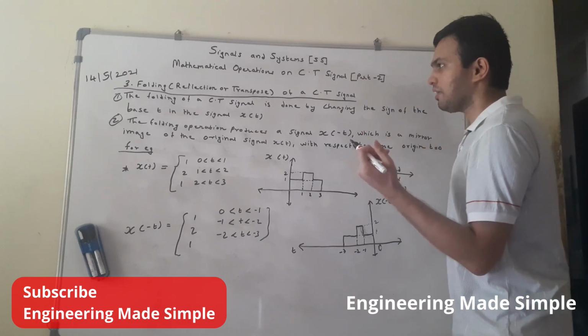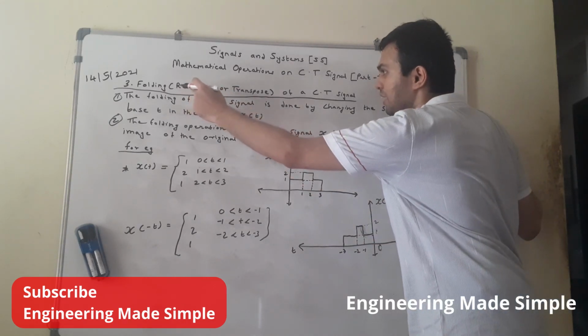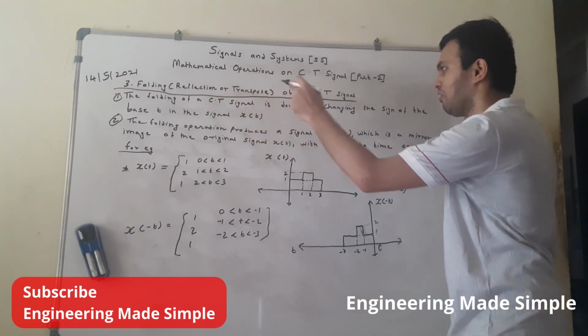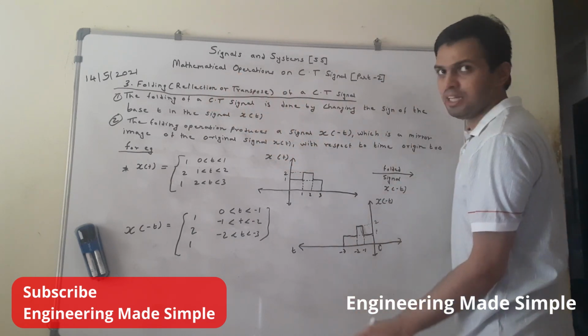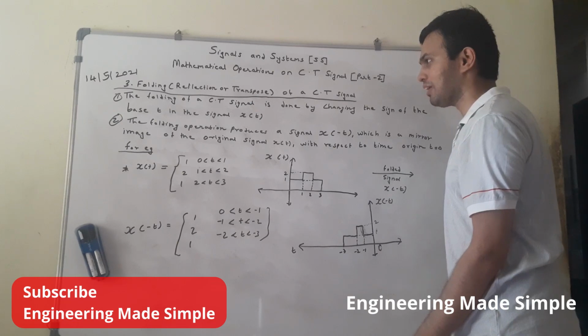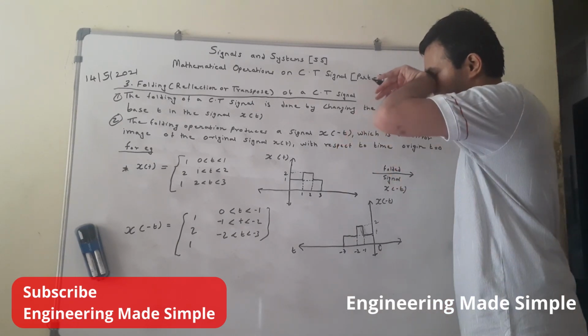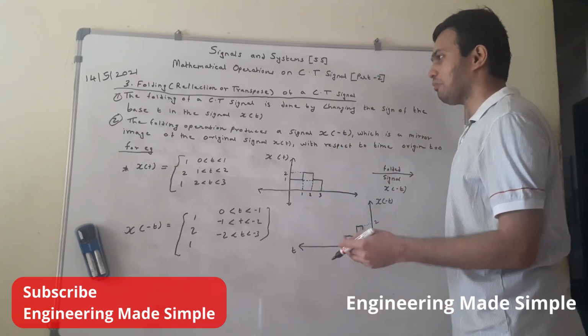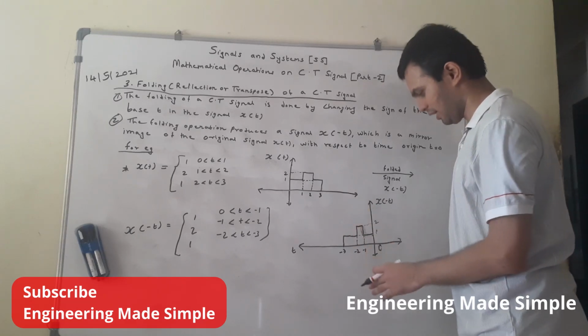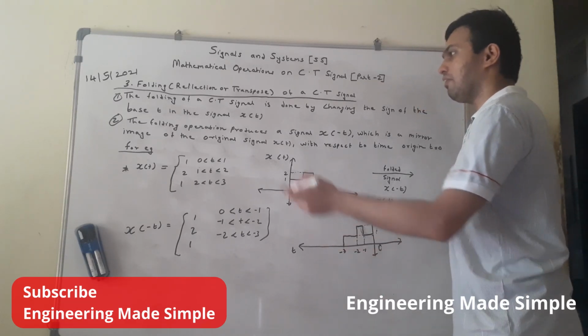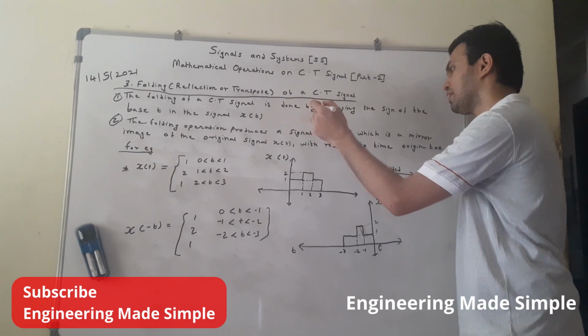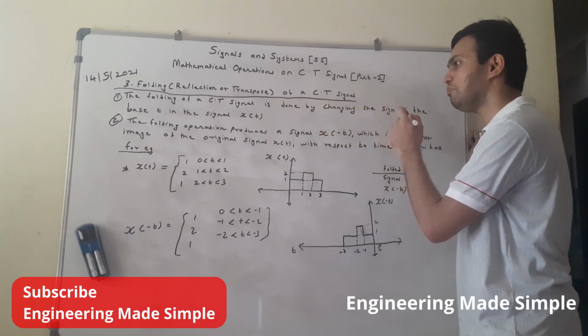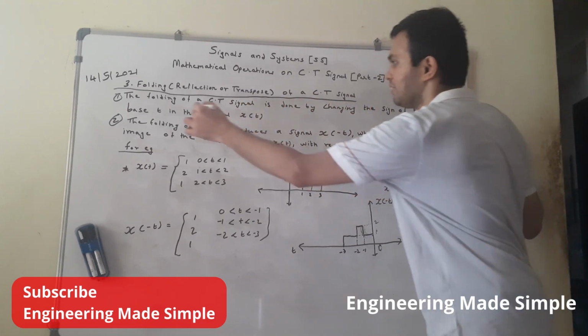So let us study the third one, which is also known as folding or reflection or transpose of a continuous time signal. Now what does a folding mathematical operation mean in terms of a continuous time signal? The folding of a continuous time signal is done by changing the sign of the base t in the signal x of t.